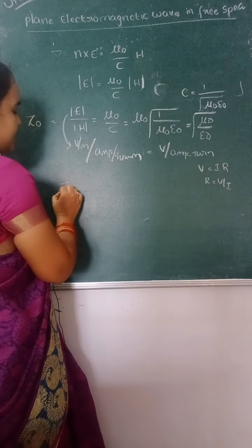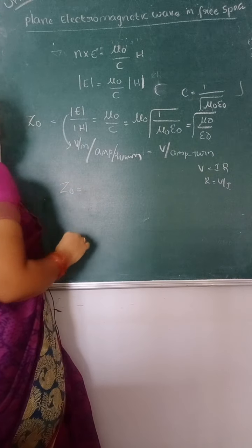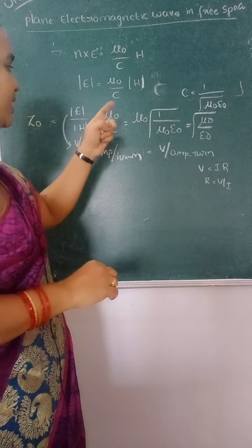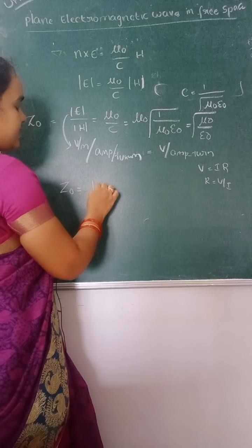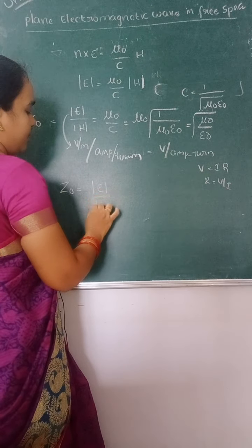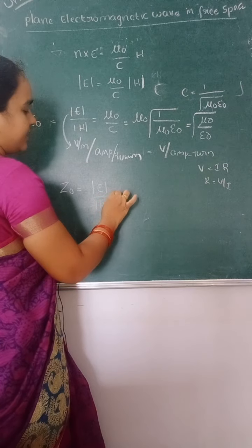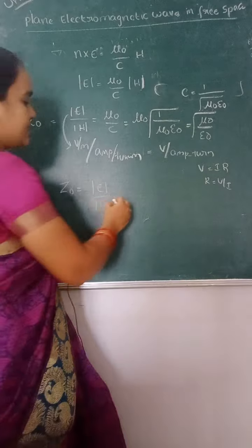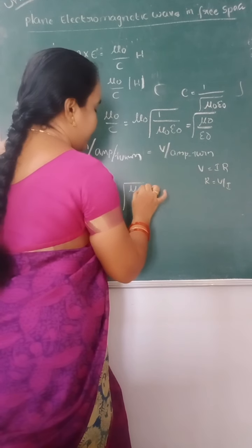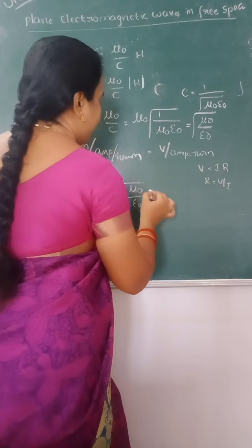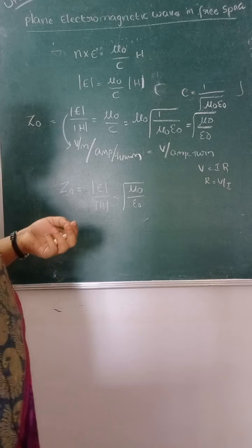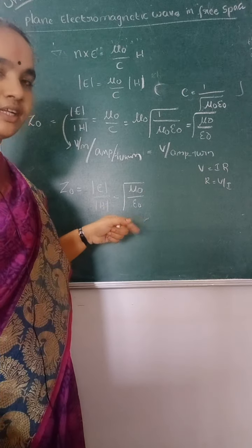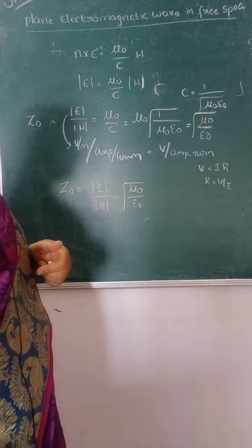So Z0 is the wave impedance of the plane electromagnetic wave in free space, which is nothing but the ratio of the magnitude of electric field intensity to the magnitude of magnetic field intensity. It is root of mu naught by epsilon naught. Here mu naught is 4 pi into 10 power minus 7, epsilon naught is 8.85 into 10 power minus 12.